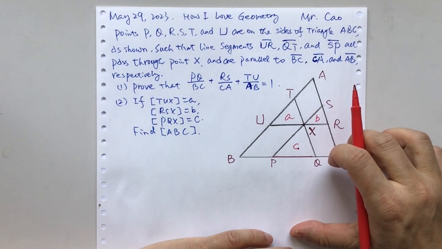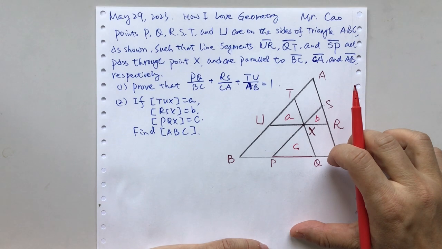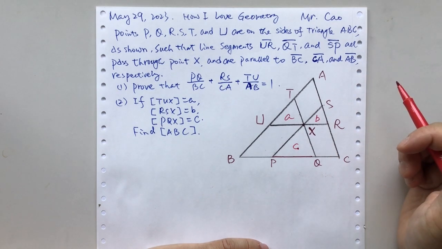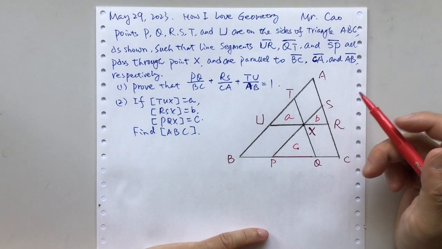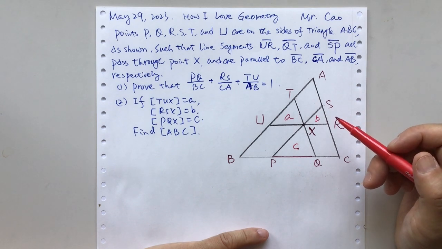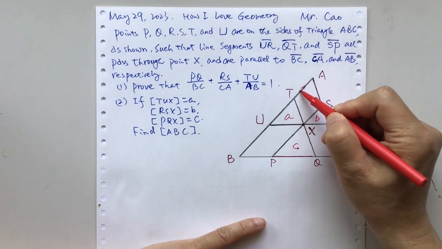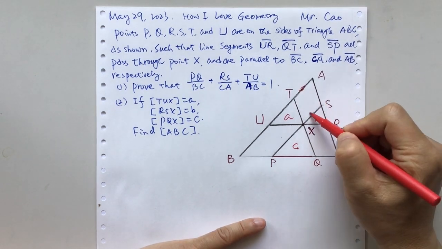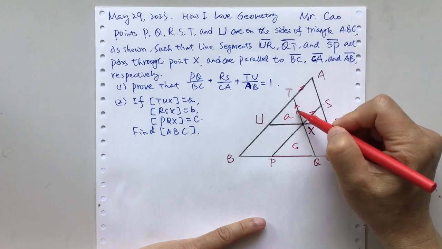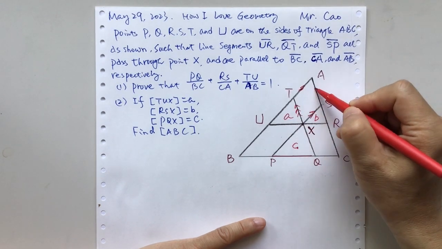When we know a lot of parallel lines or parallel segments, what can we think about? Of course, the first idea will be similar triangles. And here we also find a lot of parallelograms, right? Because of the parallels.